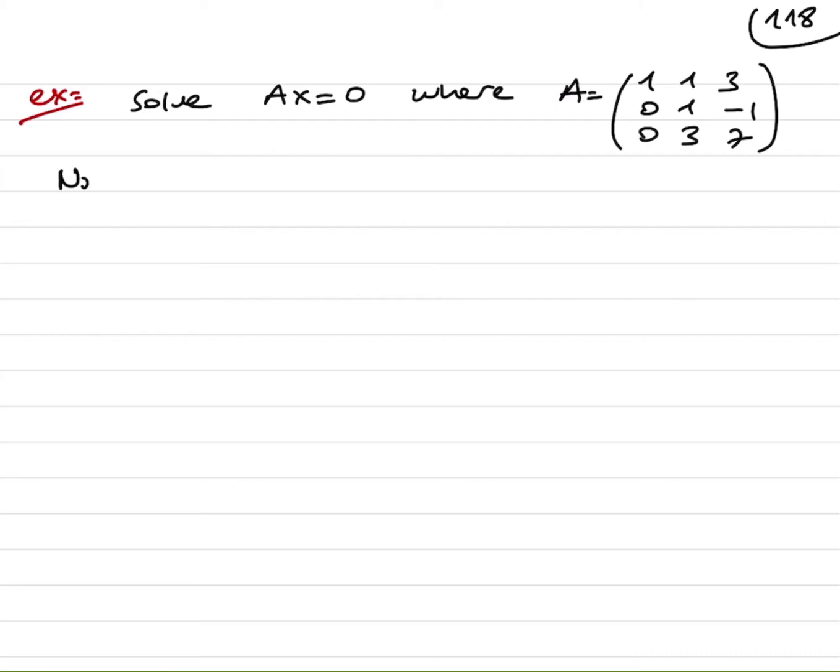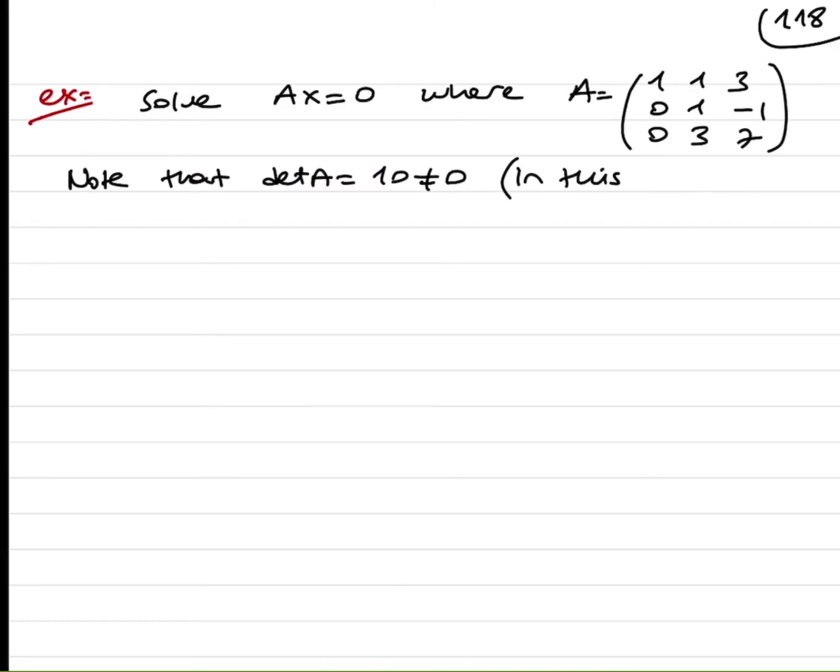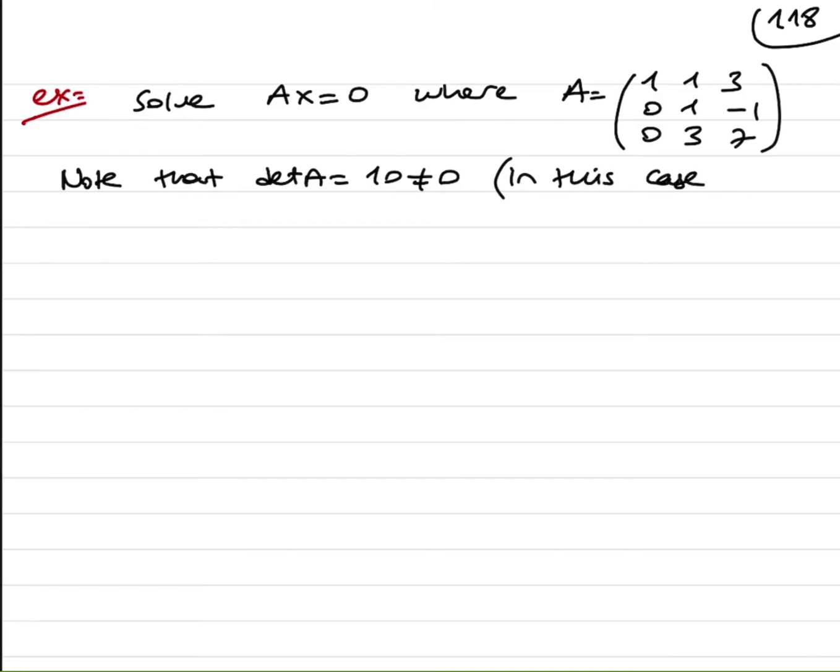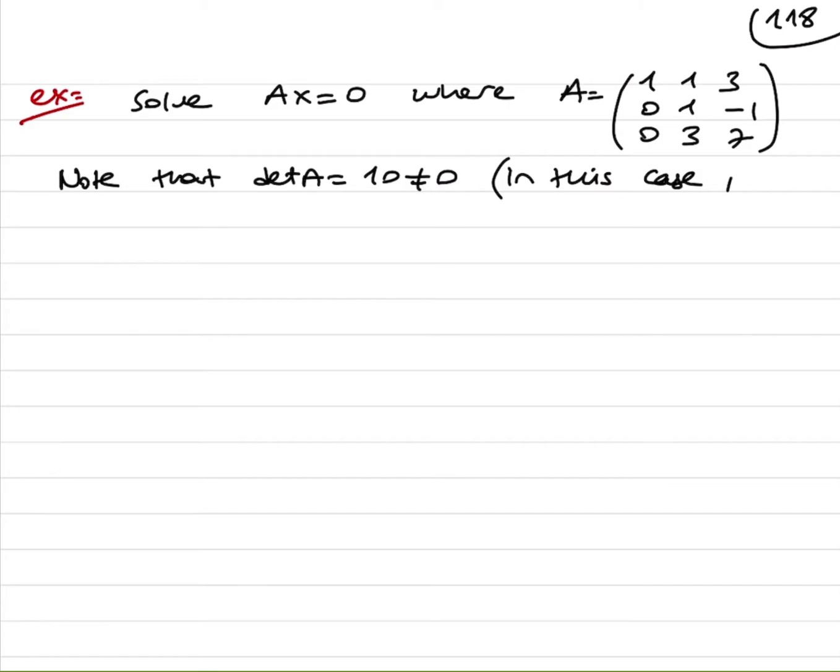In this case, note that the determinant of A is 10, which is not equal to 0. Then we know that it has a unique solution, which is the trivial solution, x equal to 0.